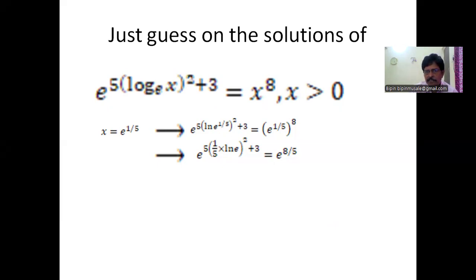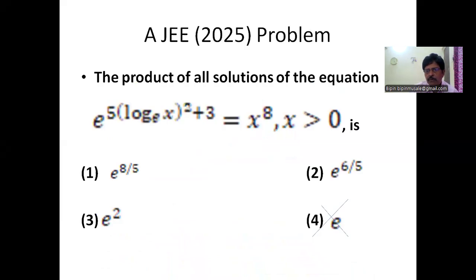So the left hand side is not equal to the right hand side. This is not true. So x equal to e raised to 1 by 5 is not a solution. This means e raised to 6 upon 5 cannot be the product of two solutions, right? So these two options are ruled out.